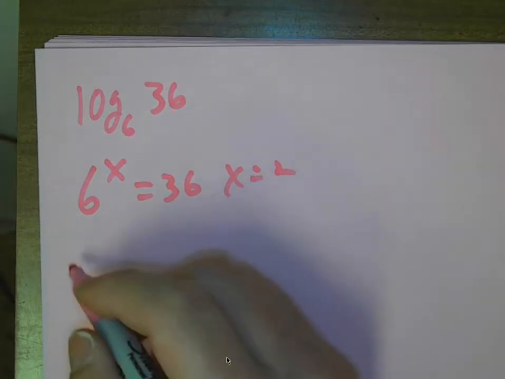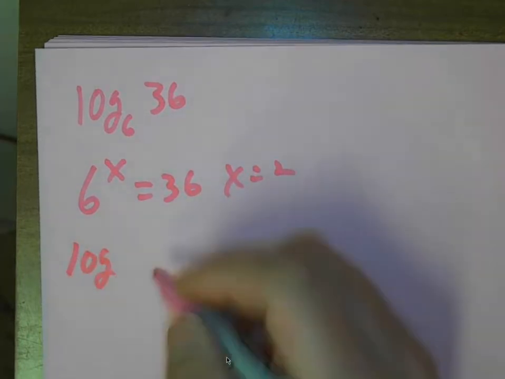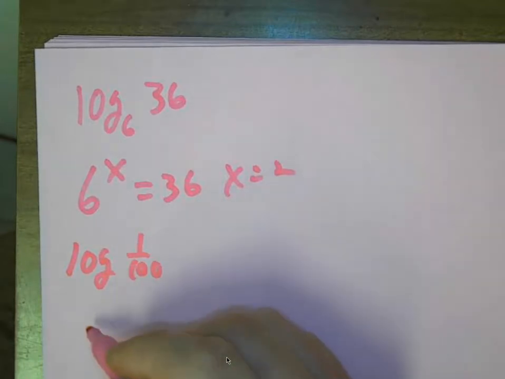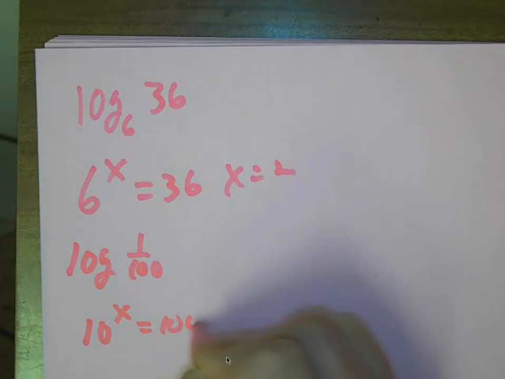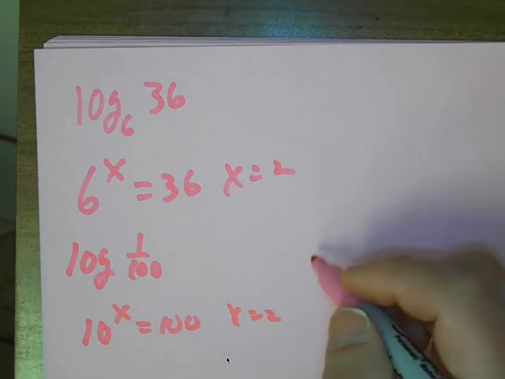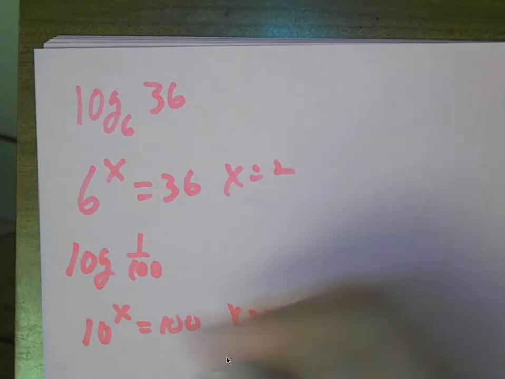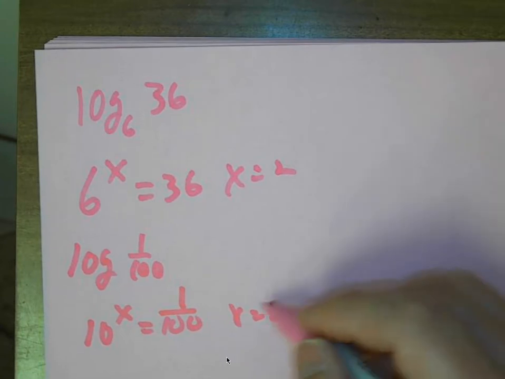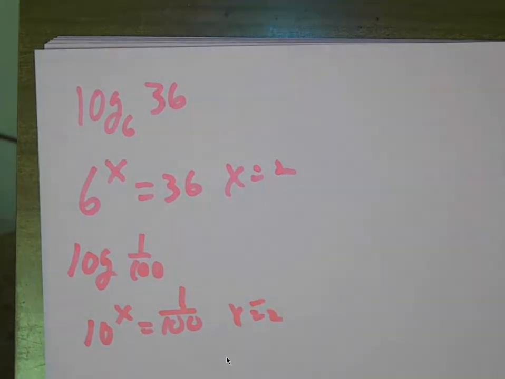And if you still don't get it, what if you say the log base 10 of 100? That means 10 to what power gets you 100? Well, that's also 2. 10 to what power gets you 1 over 100? That's going to be a negative 2, right?